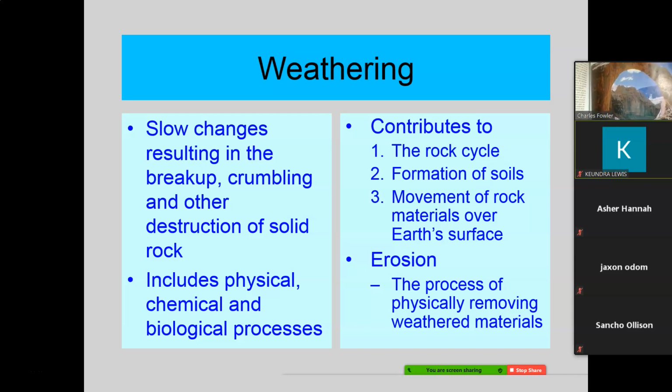But it may have been started by water, but then ultimately also done by wind. So 20.1 was one paragraph long. It said weathering, erosion, and transportation. Okay? And we'll talk about each of those terms separately. This is 20.2.